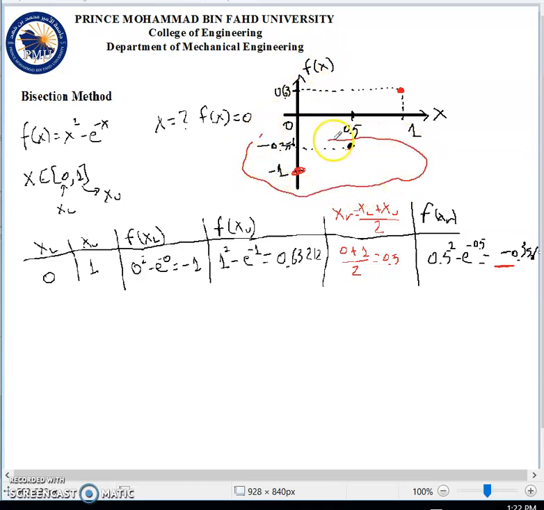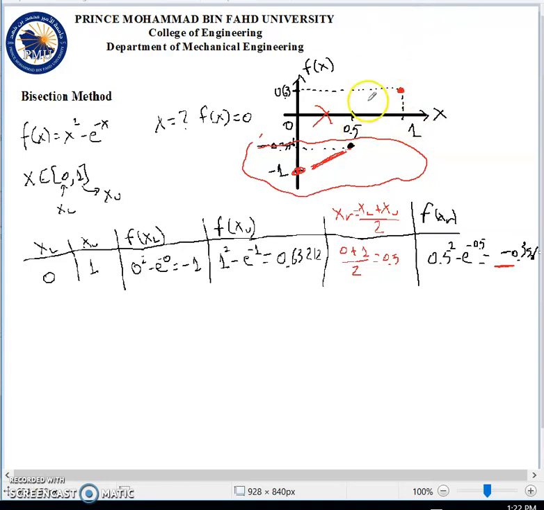This means that there's no root between those two. It would have been the same if both were positive. In this case they are negative. So now we can exclude the 0 to 0.5 domain. Our root will be located between 0.5 and 1.